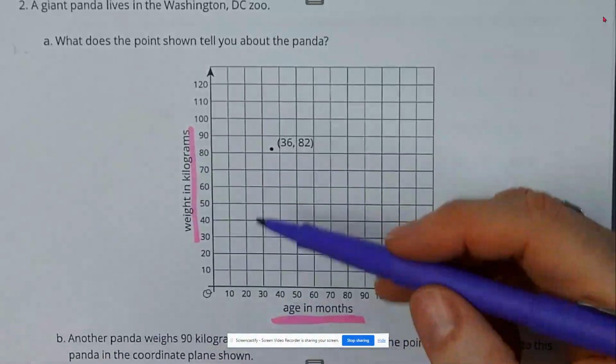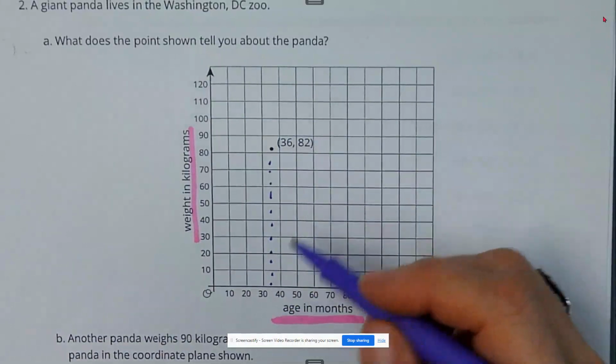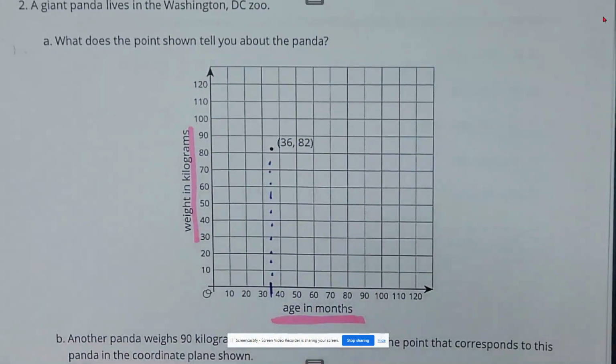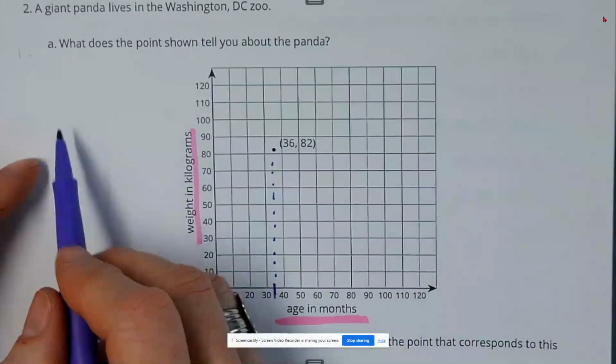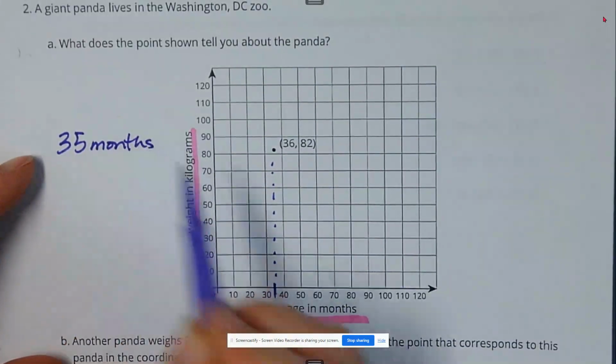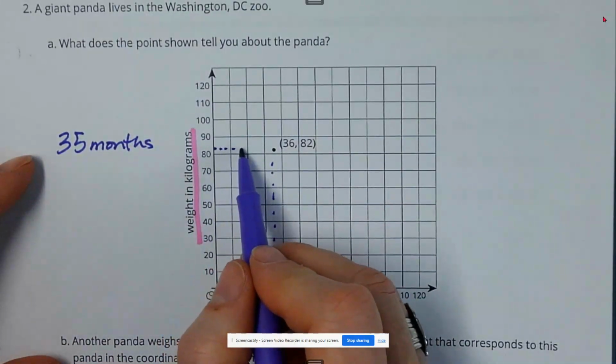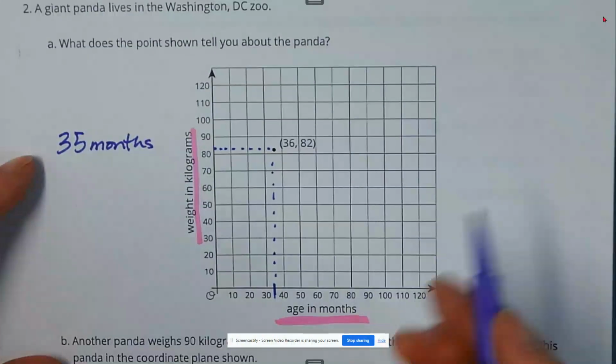So if we go on the graph to where we see the information, he is about, I would say about 35 months old because he's right in between 30 and 40. And he's just a little bit above 80 kilograms.